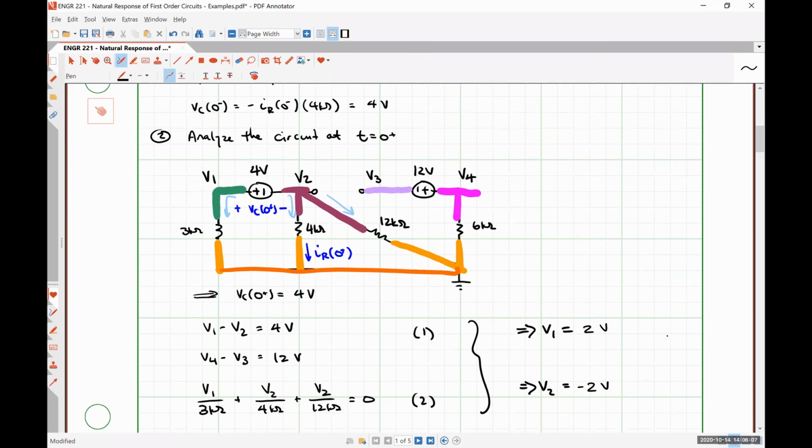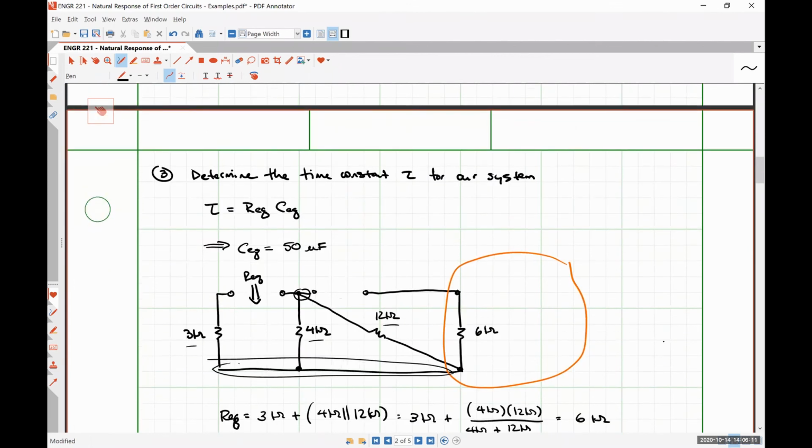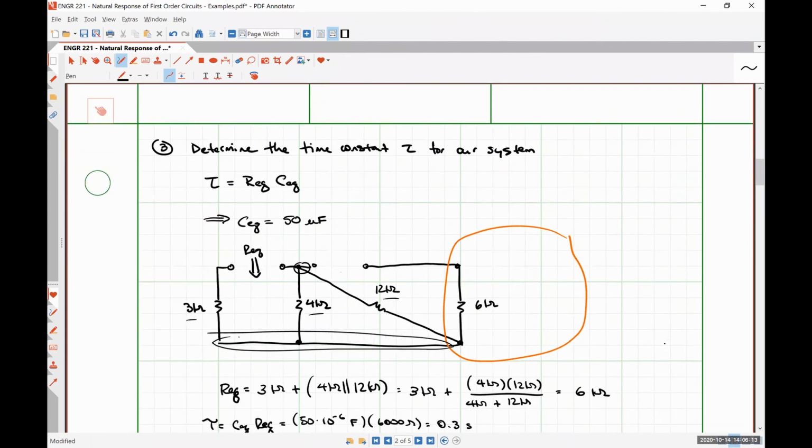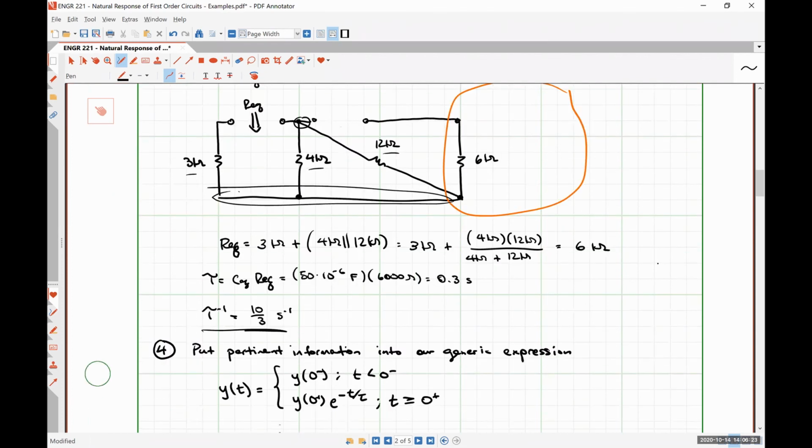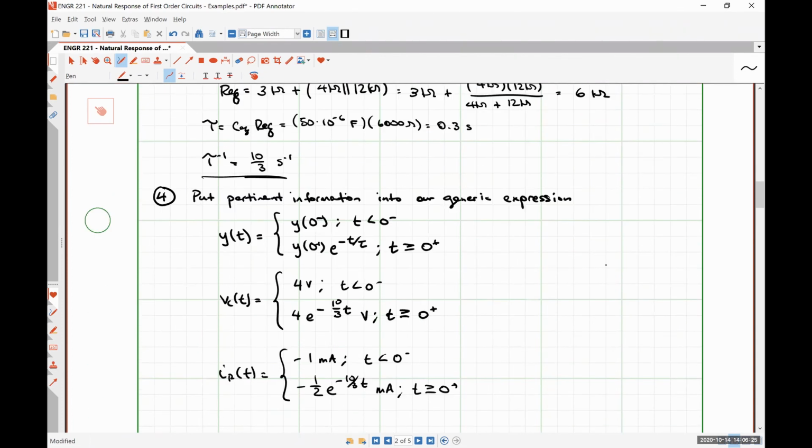It's just our basic DC circuit analysis techniques. Finding our equivalent resistance is the exact same thing as finding the Thevenin resistance, which we've done before. So all of the different steps of these problems are effectively review of the material we've already covered. We're now just putting those results into a specialized equation that tells us exactly how the voltages and currents in a transient analysis problem will work.